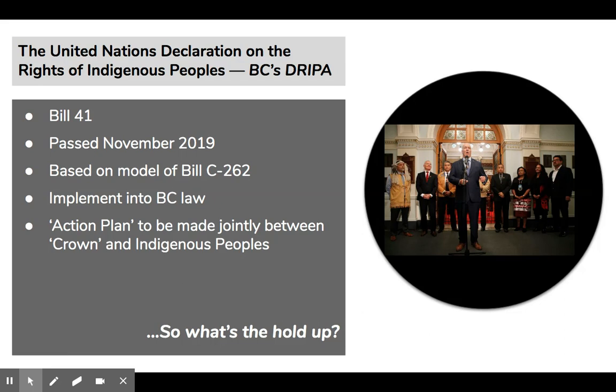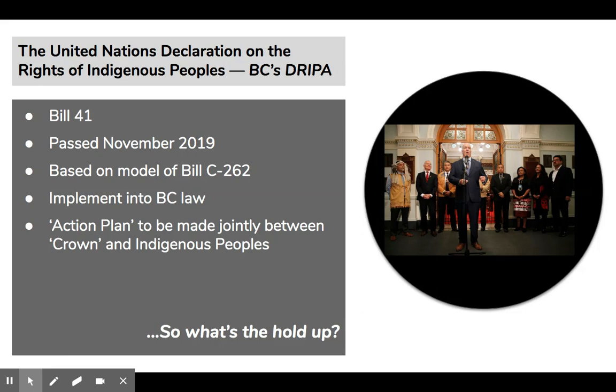This all sounds good, and there have definitely been significant steps taken by BC government in order to implement the Declaration. But since its passing, the provincial government, as well as the federal government and other provinces and territories, such as the Northwest Territories, have slowed the speed with which they are taking action.